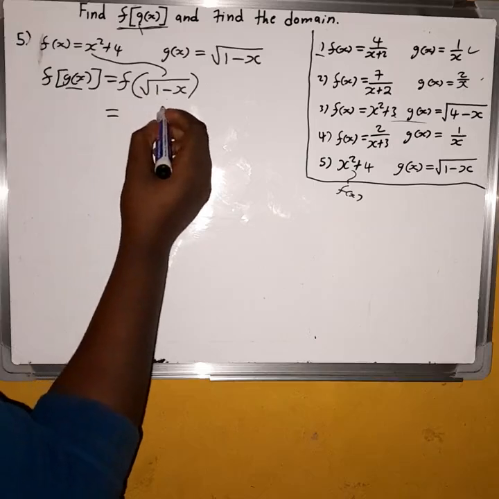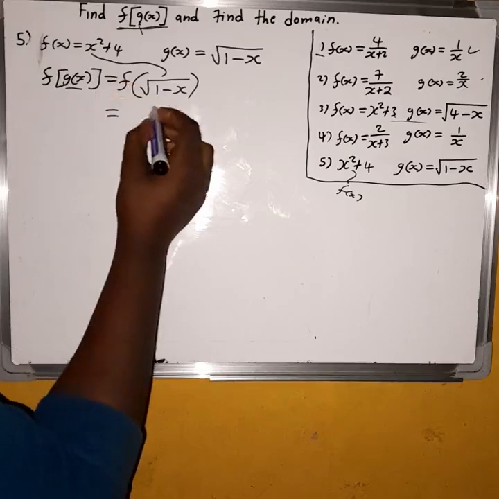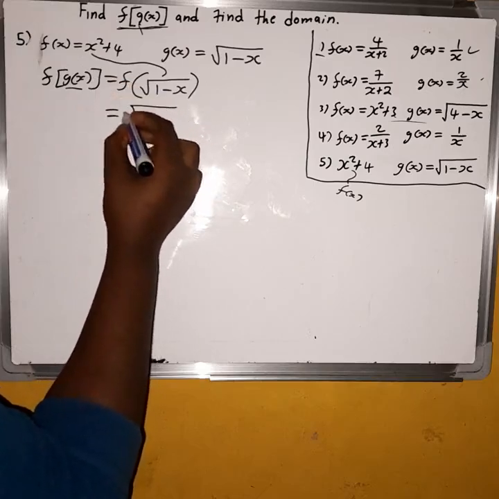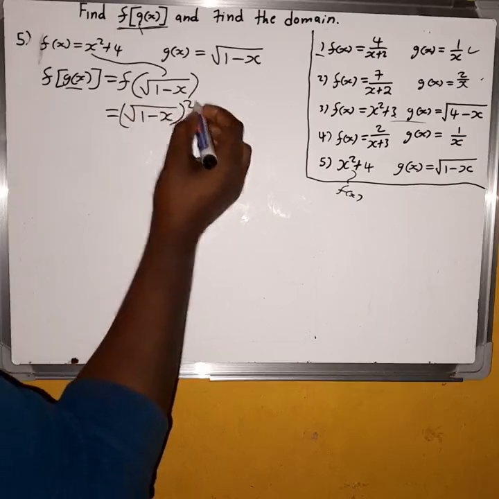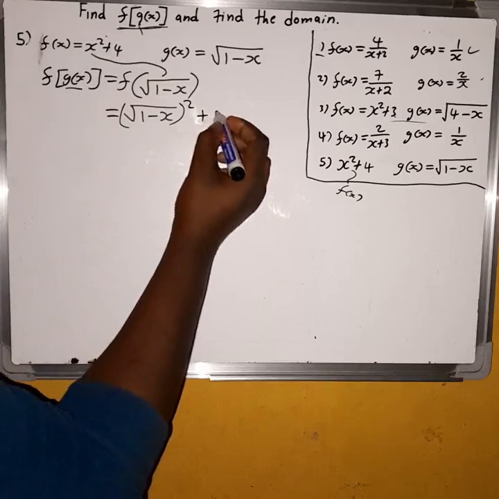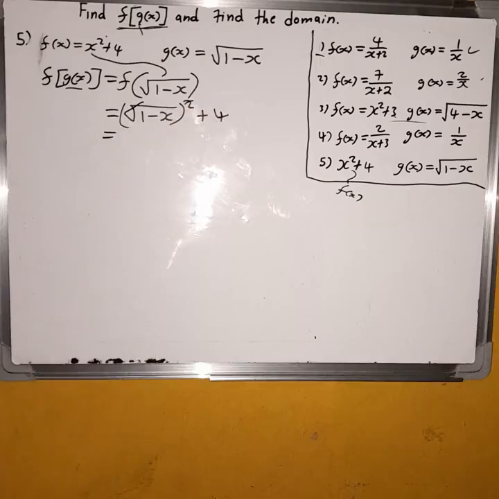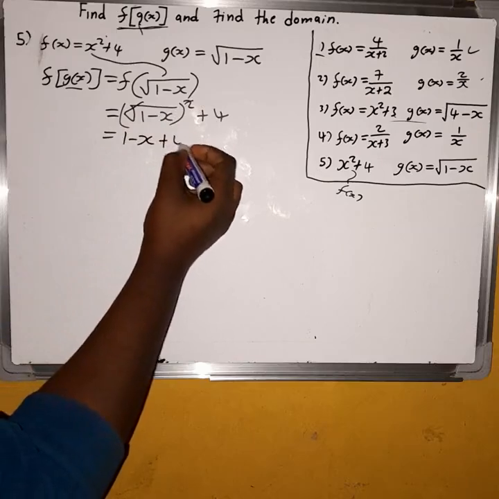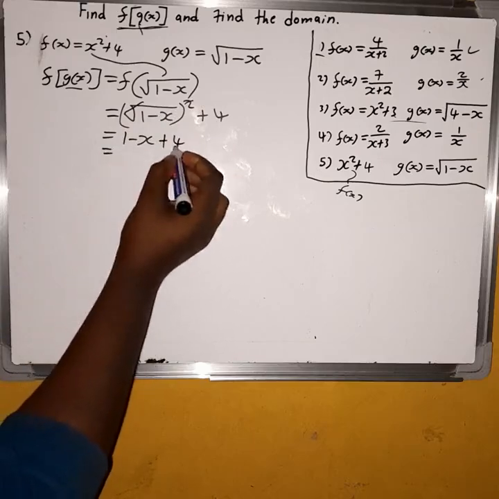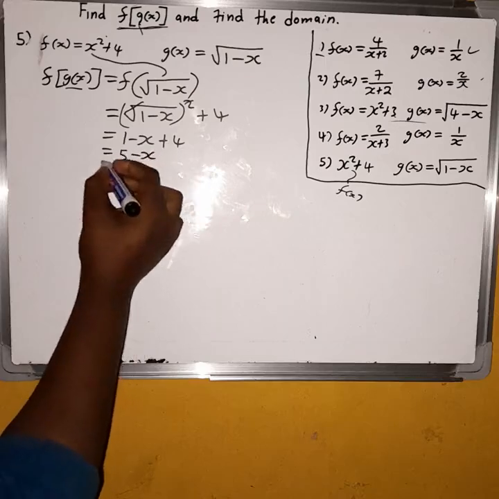Then this will be equal to the square root of 1 minus x squared plus 4, and that will cancel. We'll have 1 minus x plus 4. This will be 5 minus x.